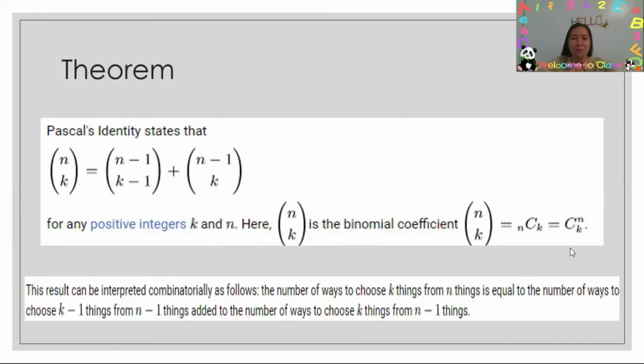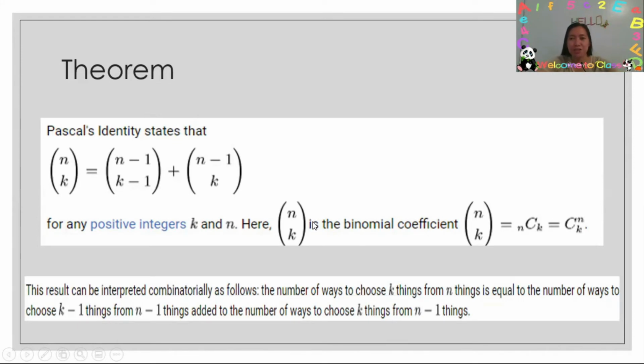Okay, let's read the problem that we have. This result can be interpreted combinatorially as follows. The number of ways to choose k things from n things is equal to the number of ways to choose k minus 1 things from n minus 1 things added to the number of ways to choose k things from n minus 1 things.